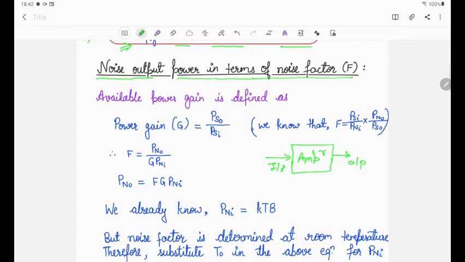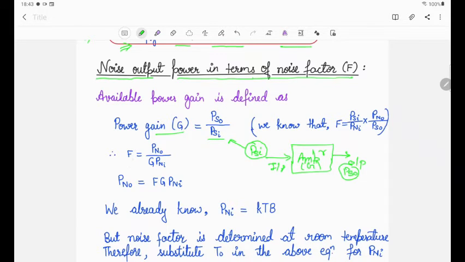The input signal power is PSI, and the output signal power is PSO. Let's say this amplifier has a gain G. So the power gain of this amplifier can be written as G is equal to PSO divided by PSI, where PSO is the output signal power and PSI is the input signal power. So it is output divided by input.